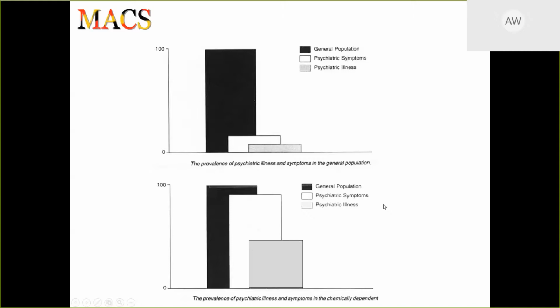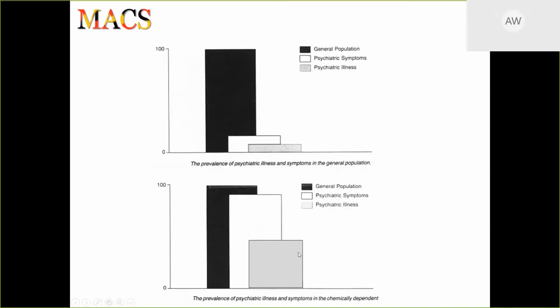Almost by definition, in this white box, you're going to have a lot of people with psychiatric symptoms, because most things that people abuse, part of why they're using them is because they work on our emotions, our perceptions, our energy. So many people, when they're using substances, will have the symptoms, and we'll talk about the actual comorbidity.